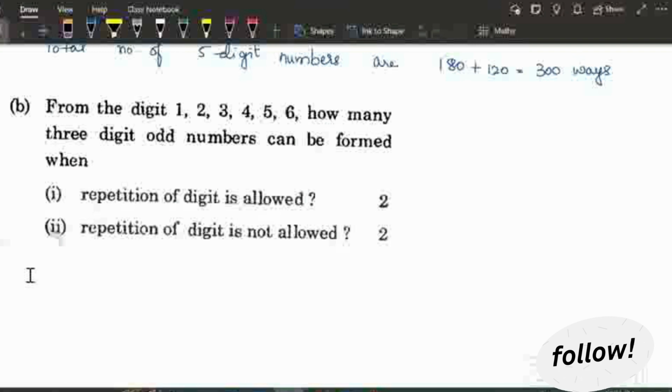Here there are no restrictions. No, we have restrictions. That is 3-digit odd numbers. We need to form odd numbers. So the last digit must be an odd number. So what is the first option? Repetition is allowed. Okay, so that is with repetition.